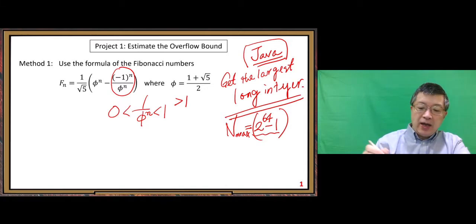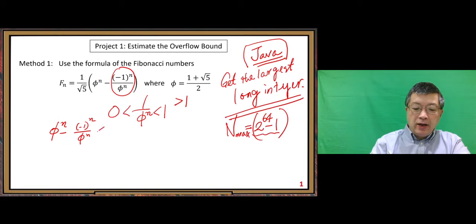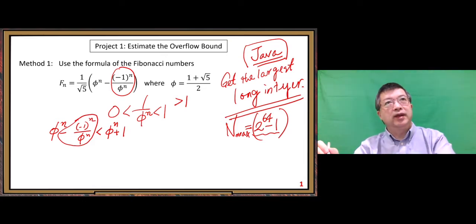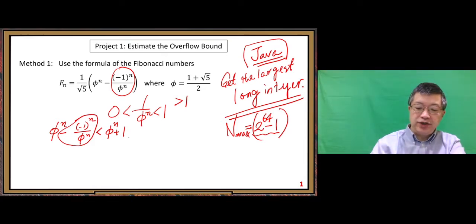So now, phi to the n minus whatever it is, less than phi to the n plus 1. Whatever it is, this whole thing is less than 1, no matter if it's positive or negative. This is always correct.